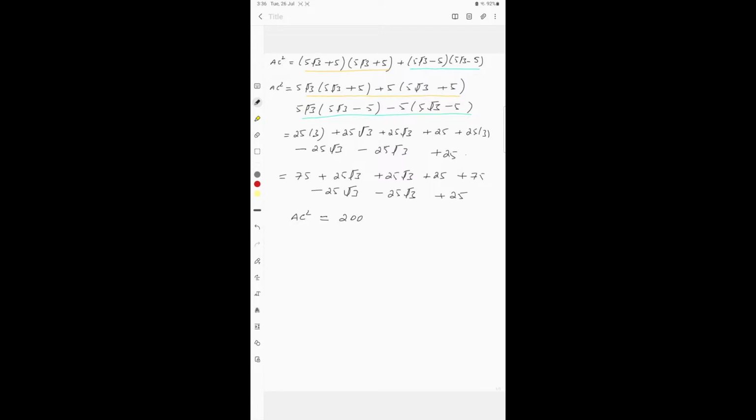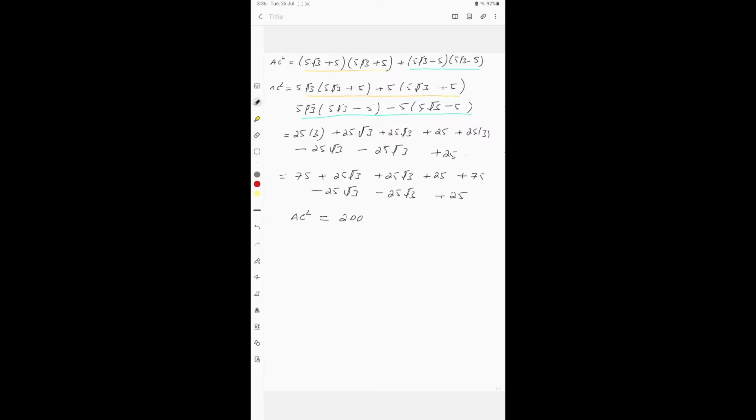And these steps are quite obvious. I'm taking 5 under root 3 from the first term, multiplying by the bracket, then taking plus 5 and multiplying by the same bracket, then going to the green part, 5 under root 3 multiplied by the bracket next to it, and then taking minus 5 multiplying by the bracket next to it.